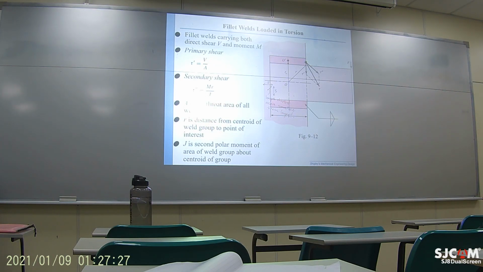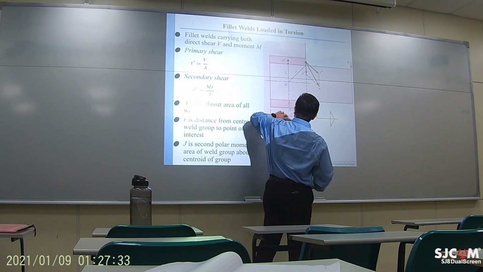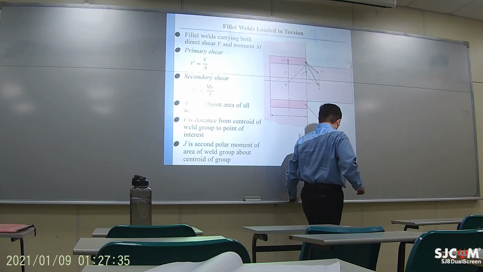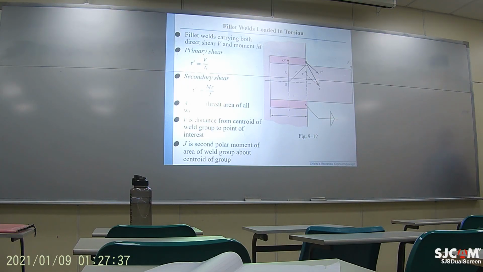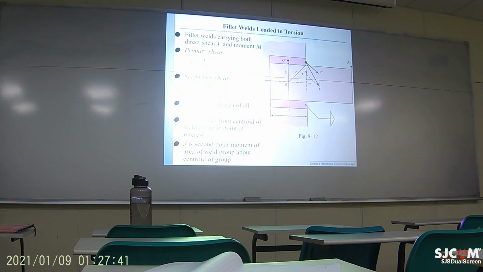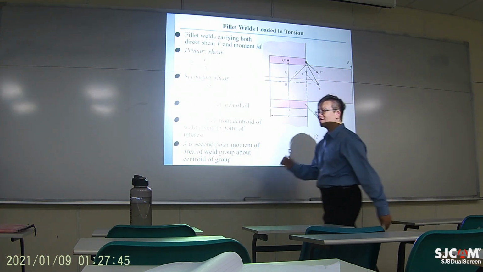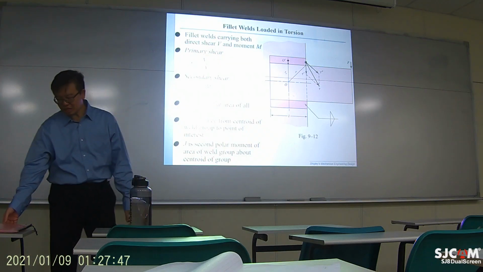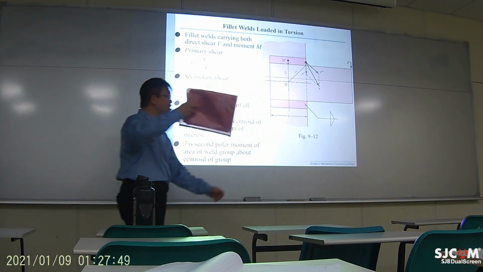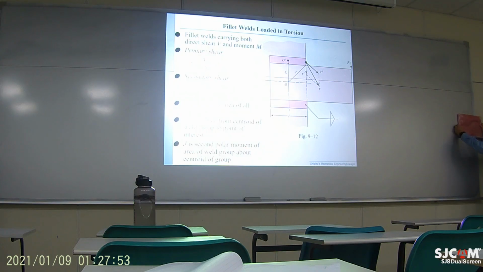Now, this is the most typical problem you can see. And if you have never learned about this before, you probably will know this is how actually the mechanics that's happening inside the weld material. So what does this drawing mean? Imagine you have a metal plate and you are going to stick with another metal plate.